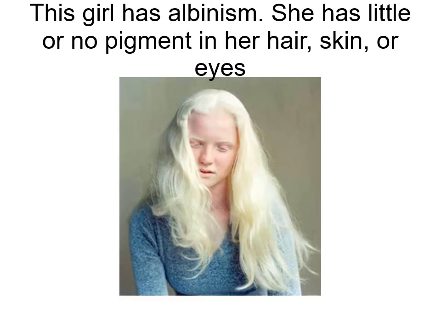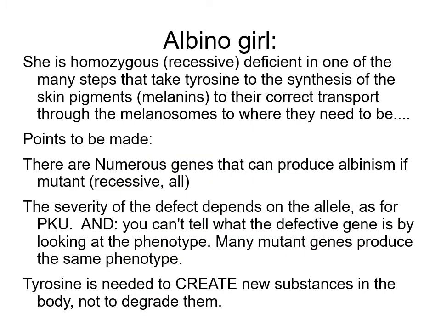This girl has albinism. You can see that she has little or no pigment in her hair, skin, or eyes. Albinism is a recessive trait, and this particular person is clearly homozygous for it because she's showing the disease. It's important to realize that there are numerous genes which, if mutated, can produce albinism, not just a defect in tyrosinase.